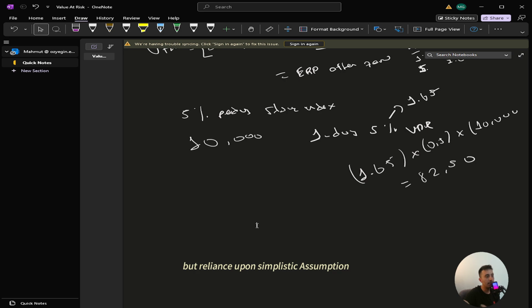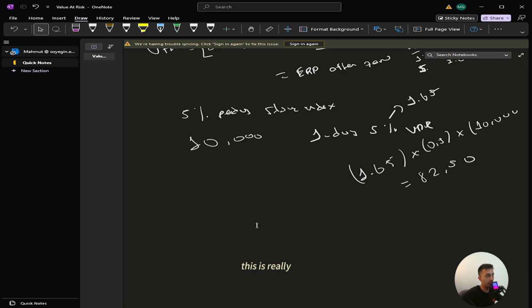But there is reliance upon simplistic assumptions, such as normality. You know, market distributions tend to have fatter tails than the normal distribution. If you have fatter tails, that means you have leptokurtosis here, and you should analyze and determine your distribution.